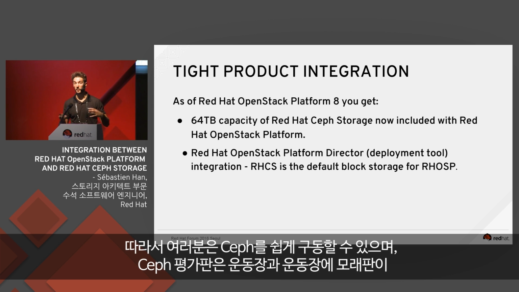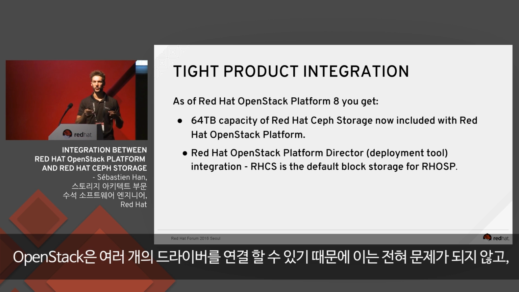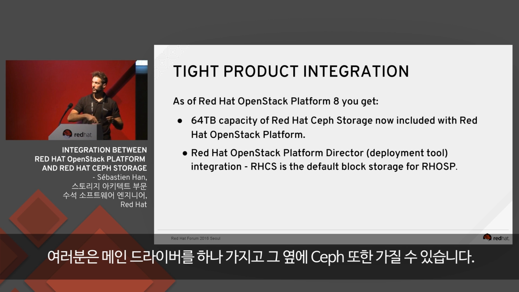So you can easily start playing with Ceph, just evaluate if Ceph is suitable for your infrastructure, as a playground, as a sandbox. OpenStack has the ability to connect multiple drivers, so this is definitely not an issue. You can have a main driver, and then along with that, you can have Ceph next to it.